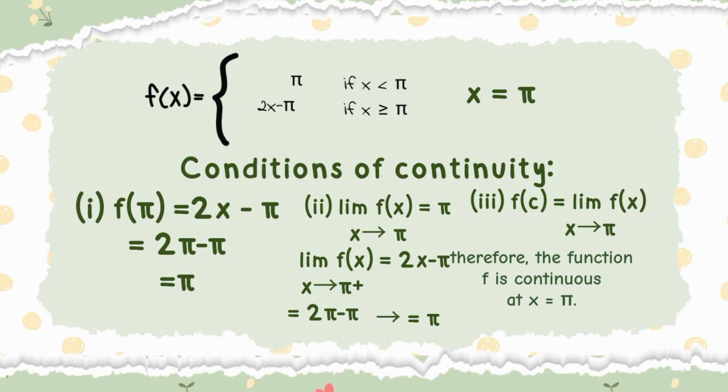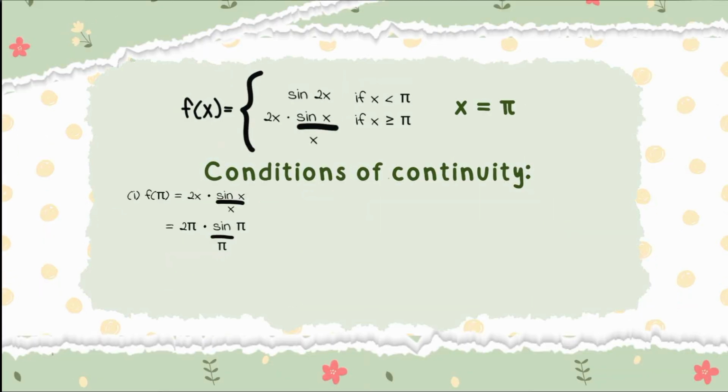Let's proceed to the next given example, where f of x equals sine 2x if x is less than pi, and 2x times sine x over x if x is greater than or equal to pi.